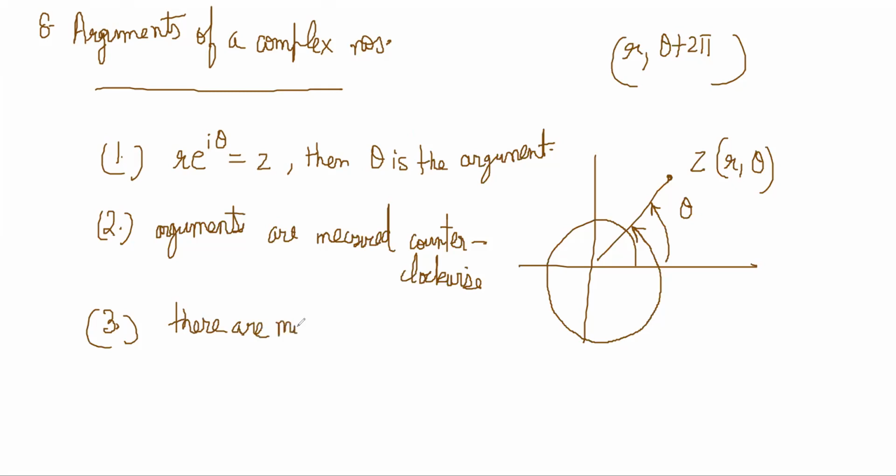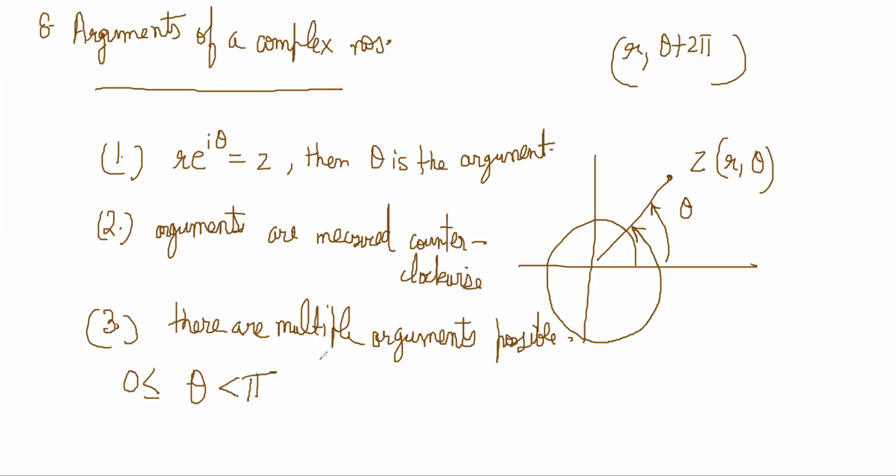So what we will do is restrict ourselves to arguments which satisfy these conditions: theta is positive, is less than pi, or this value of theta.